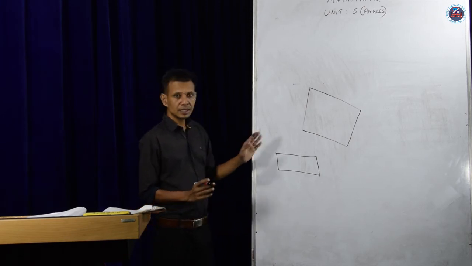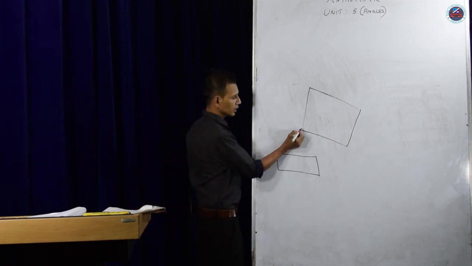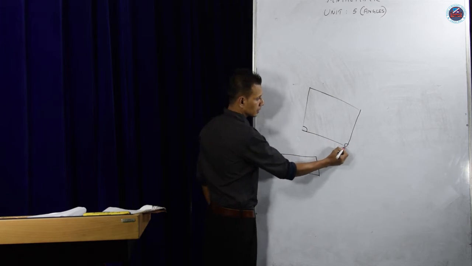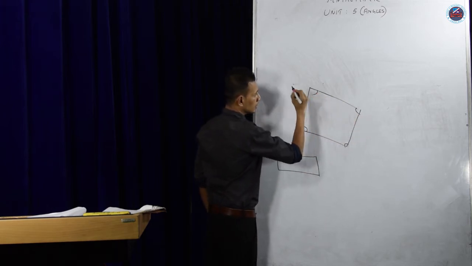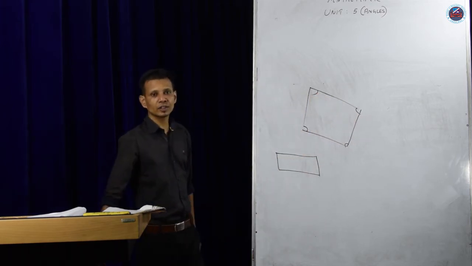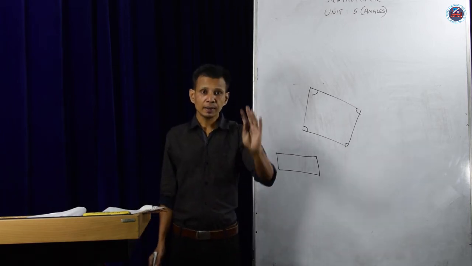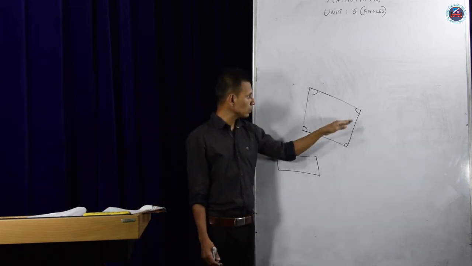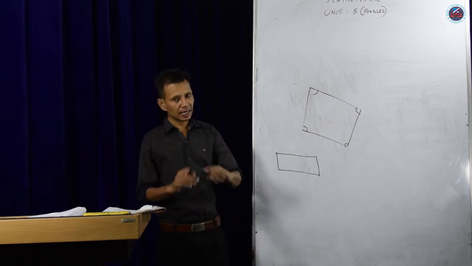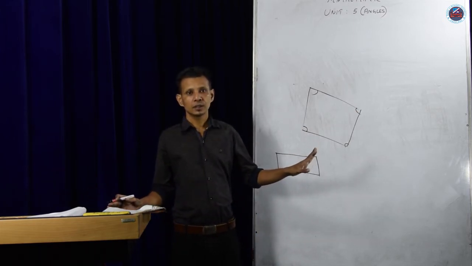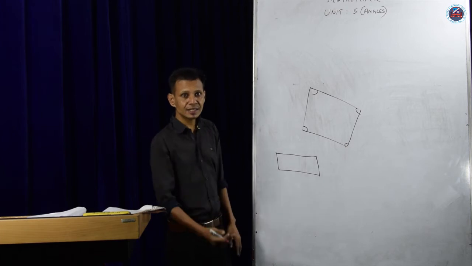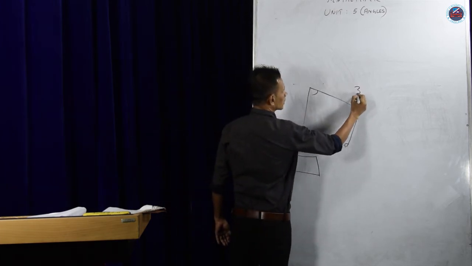Okay? Now, do they have any angles? Yes, of course. Can you see here? Angles. How many angles do we have in a quadrilateral? 4. Okay. So what happens when we add up all these 4 angles of any quadrilateral? You get 360. Remember this.